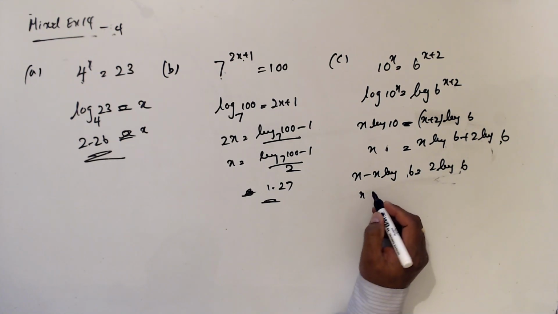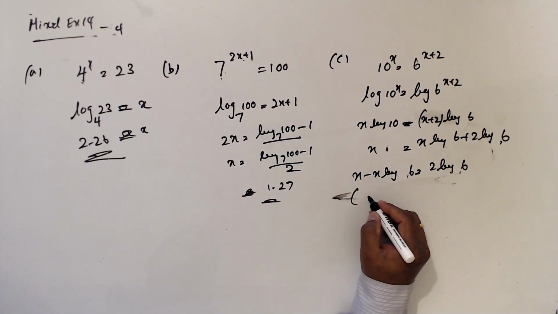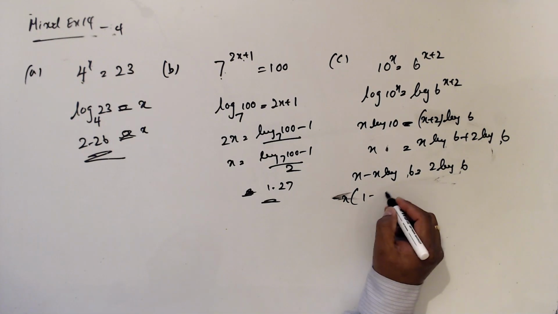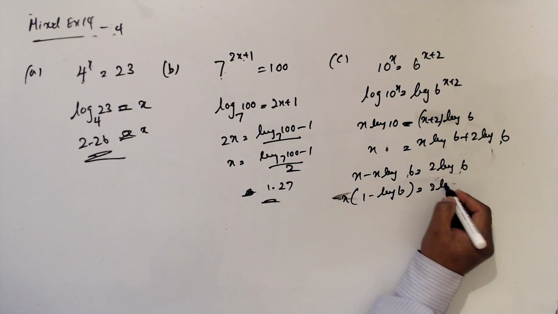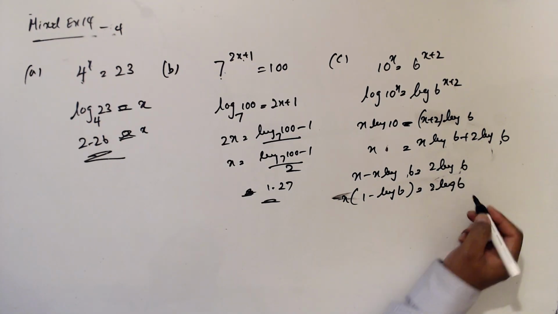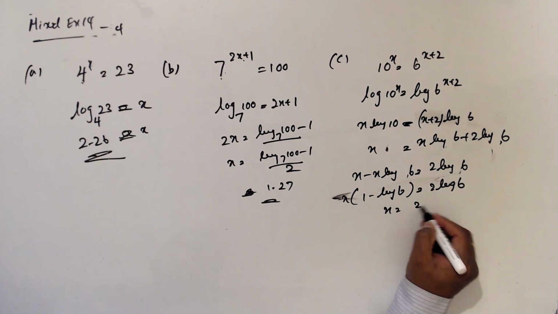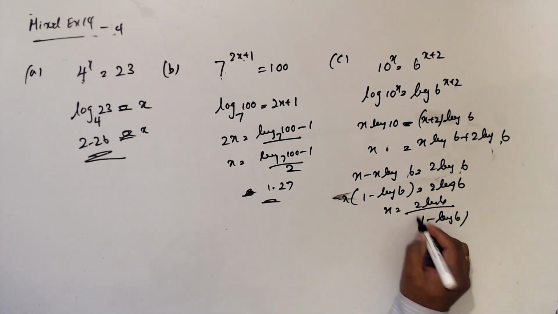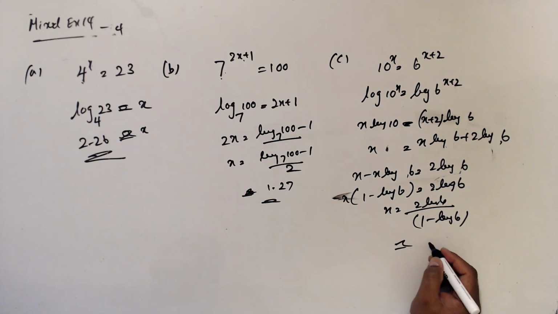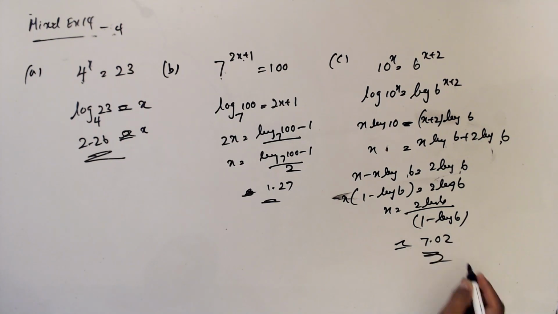So x, when I factorize, x times 1 minus log 6 equals 2 log 6, then x equals 2 log 6 over 1 minus log 6. So your answer should be around 7.02.